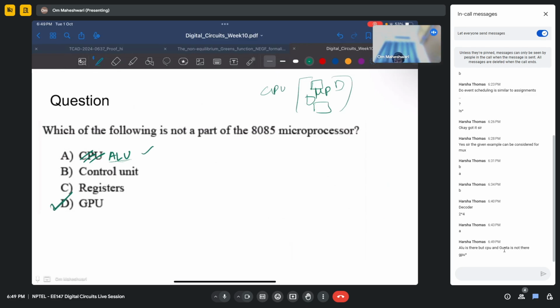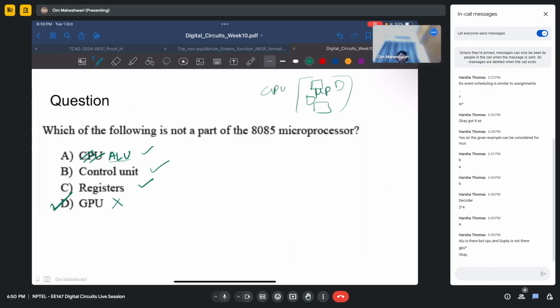We have ALU, we have control unit, we have registers, but we do not have a GPU. Okay.